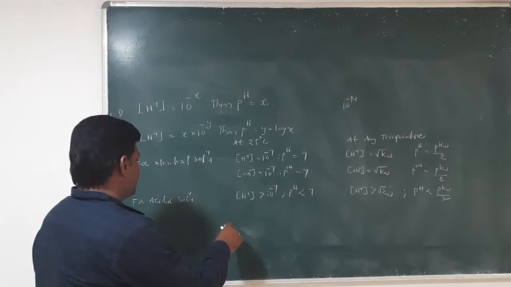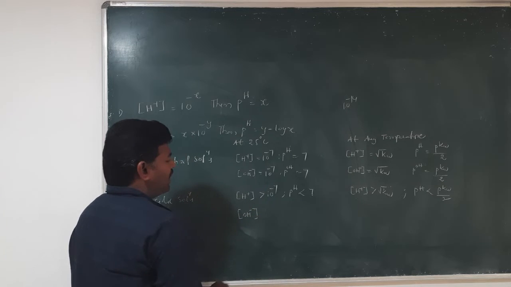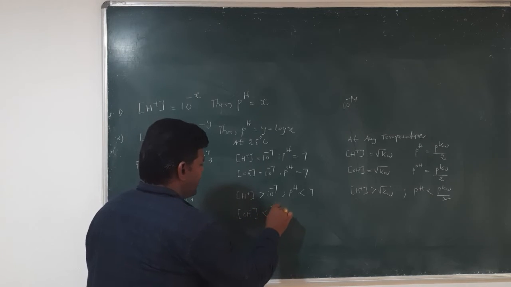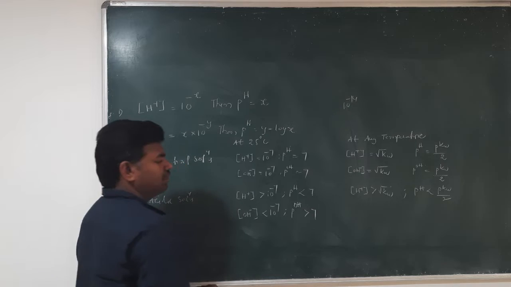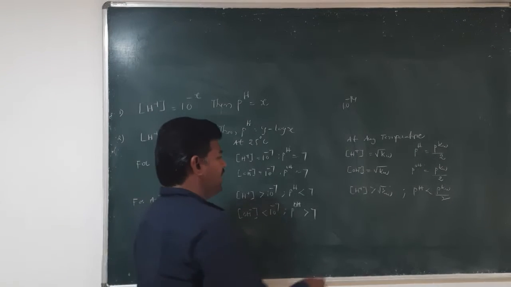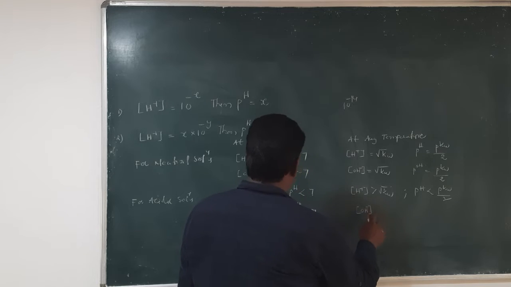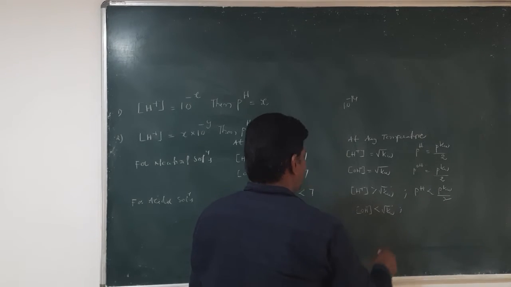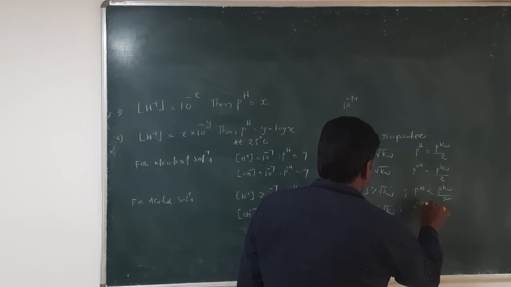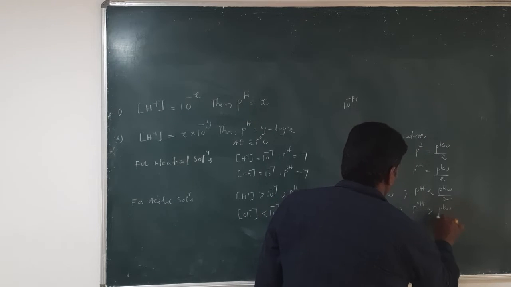For acidic solutions, the concentration of OH minus is less than 10 power minus 7 and pOH is greater than 7, and at any temperature, the concentration of OH minus is less than root Kw and pOH is greater than pKw by 2.